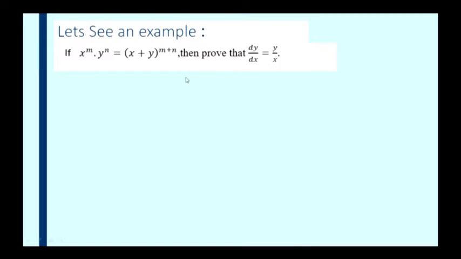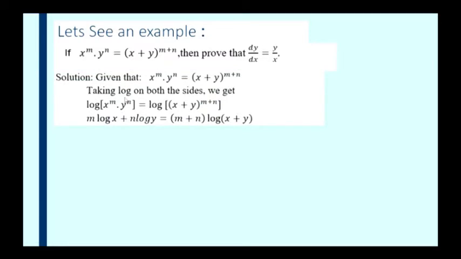So let's consider x raised to m into y raised to n equal to x plus y raised to m plus n. We have to take log on both sides.